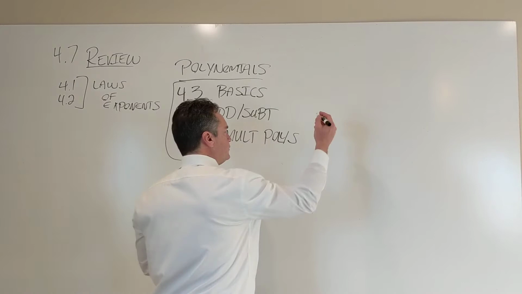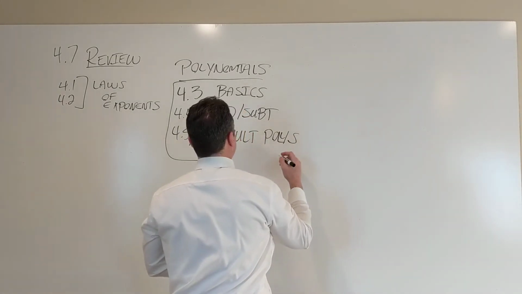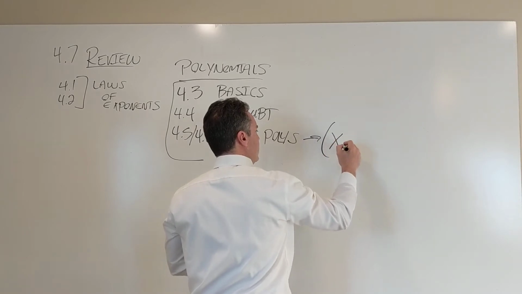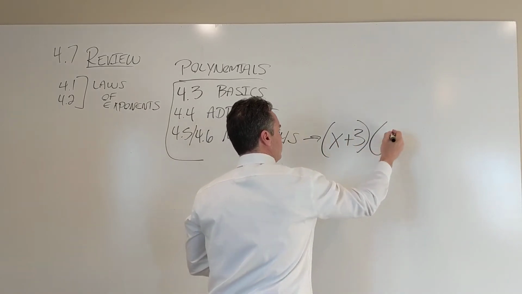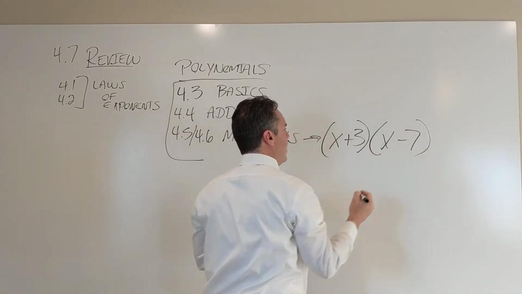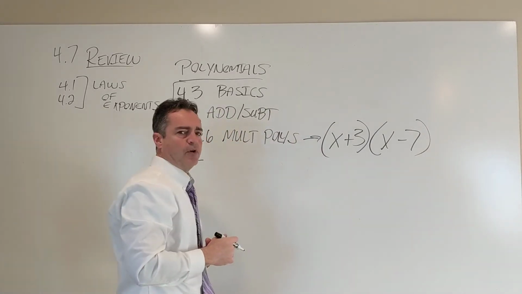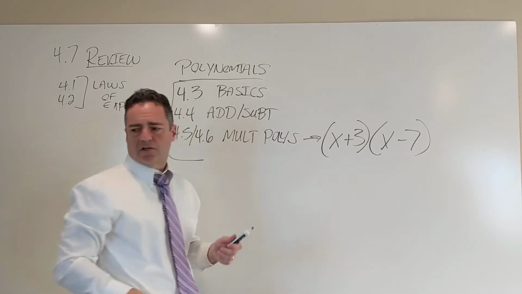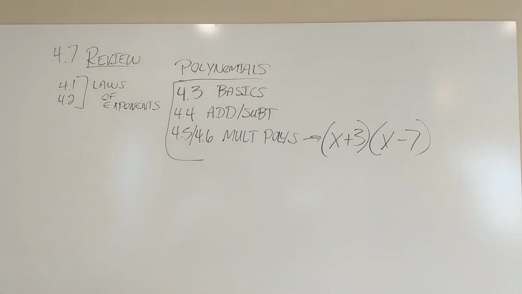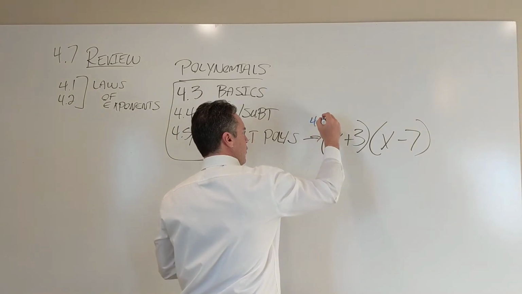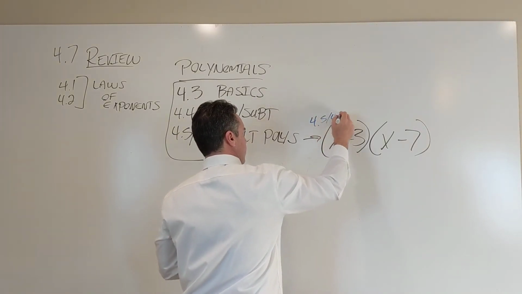So for instance, in multiplication of polynomials, if we had x plus 3 times x minus 7 in section 4.5 or 4.6, today in section 4.7, I'll do this in a blue pen here. So this is 4.5 and 4.6.